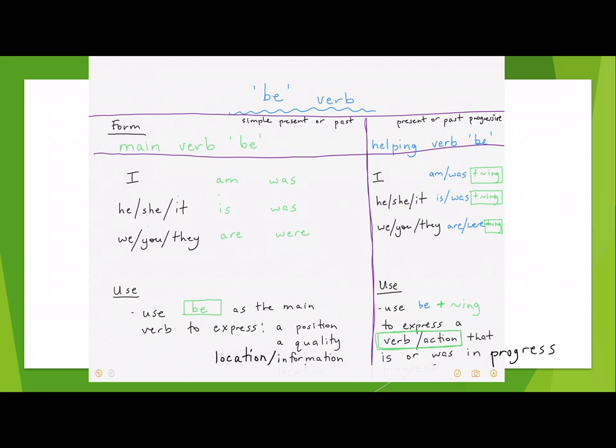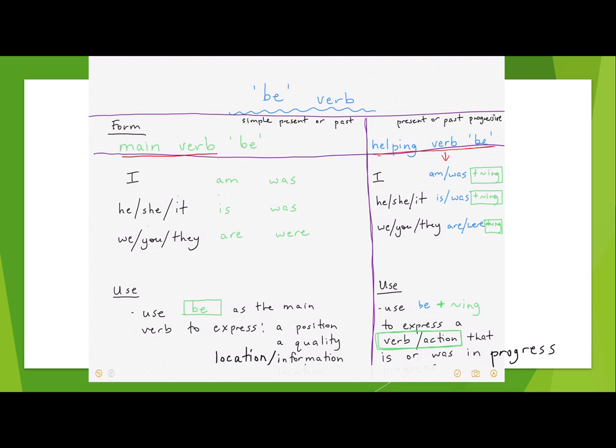Okay, now let's take a step back. So, we learned that the be verb can be used as the main verb, but we didn't spend a lot of time on that in your book. Mostly, we looked at the be verb as the helping verb in blue. Take a look at the helping verbs below. You will notice that the be verb is used in the present or the past progressive with the main verb ing.